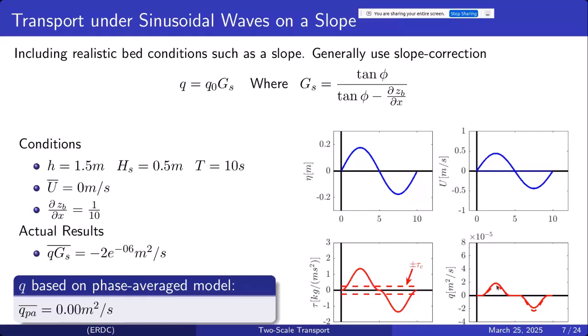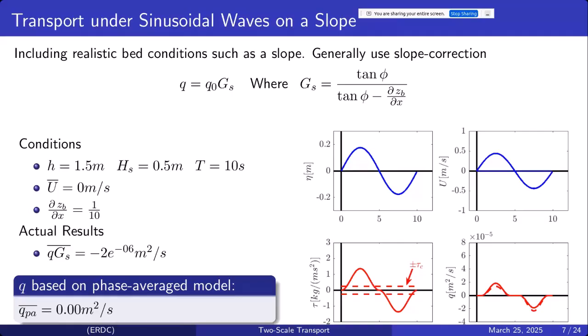But in this case, you have an onshore transport that's, this is a little bit mixed up here. You end up with, there's something wrong with the sign here, but this is correct: if you have a slope that's positive onshore, meaning you're moving from deeper water to shallow water, then you end up with an actual result that's directed offshore.